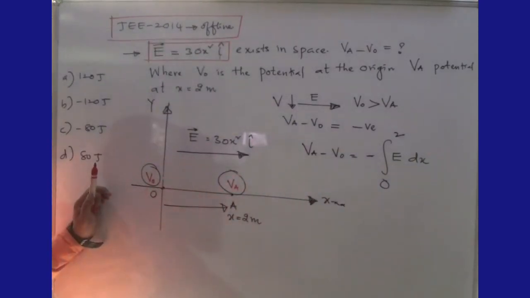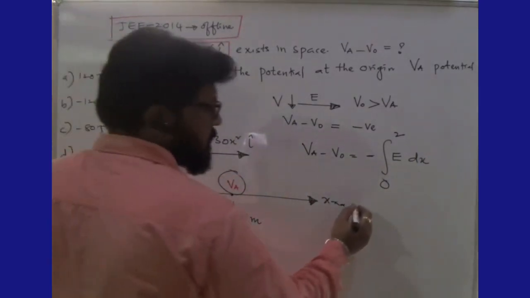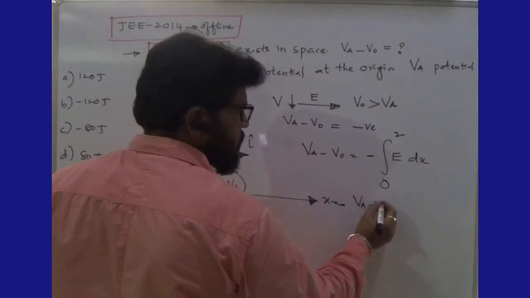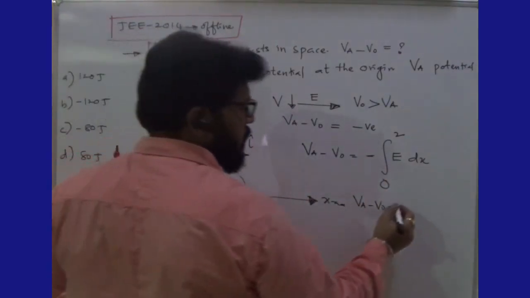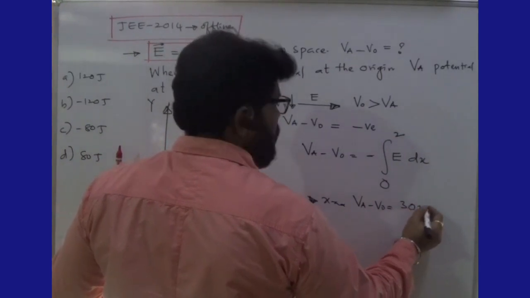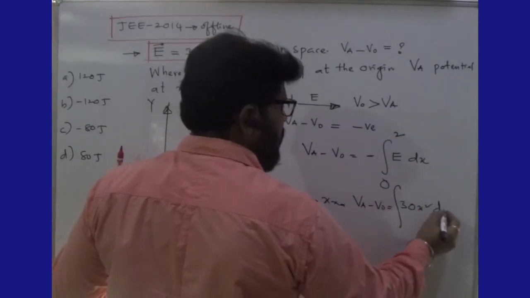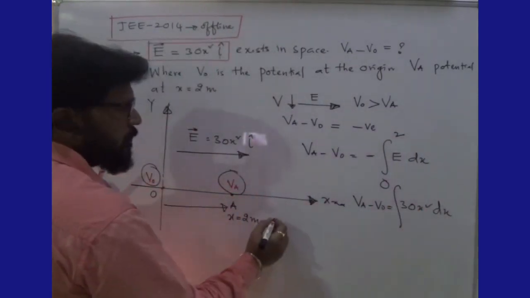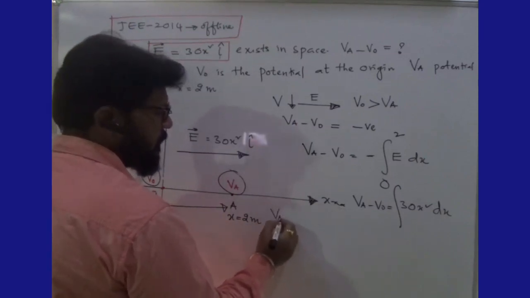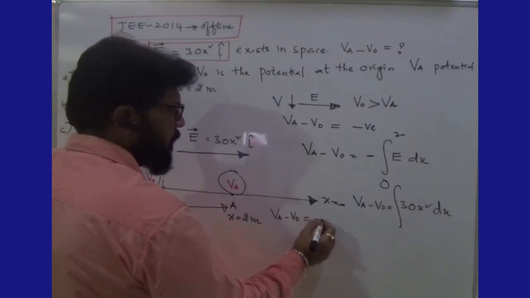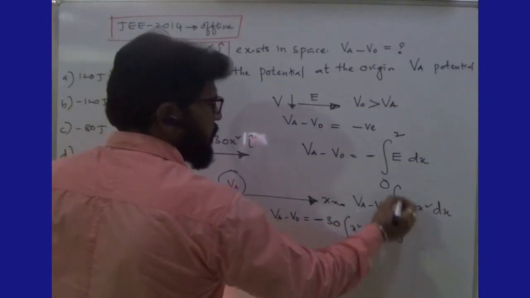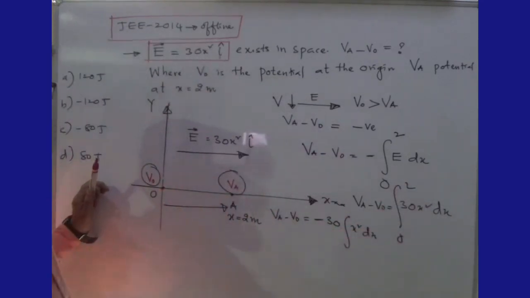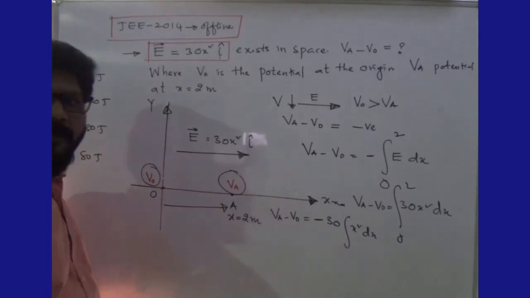Simply we can substitute here: VA minus V naught equals minus integral of 30x square dx. 30 we can take outside. Already minus is there. So VA minus V naught is equal to minus 30 integration of x square dx, from 0 to 2. Hope you can do from here, right?